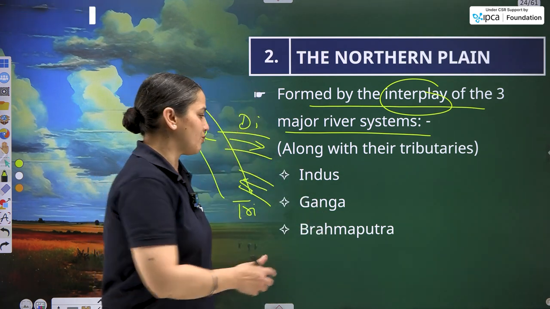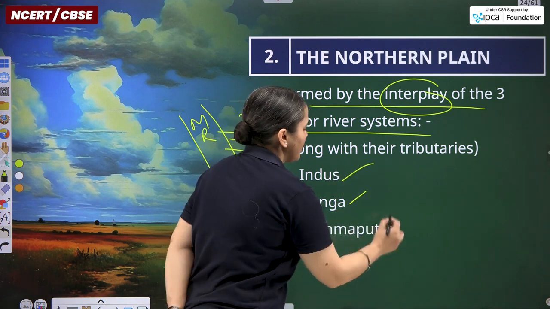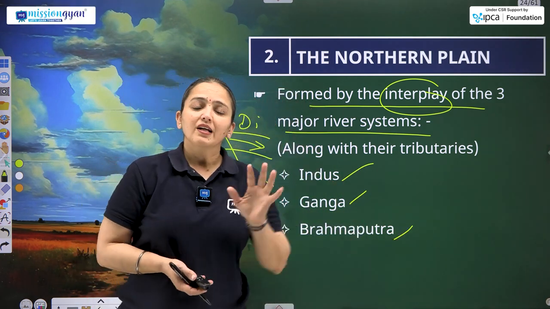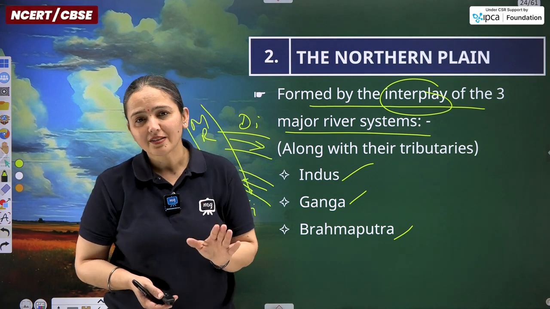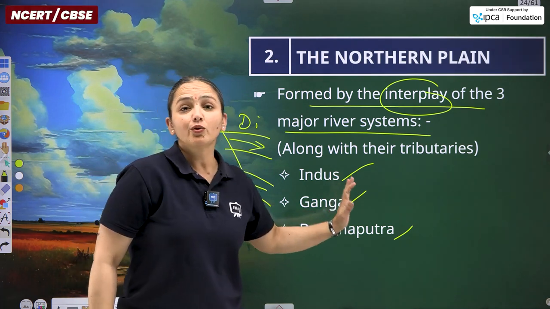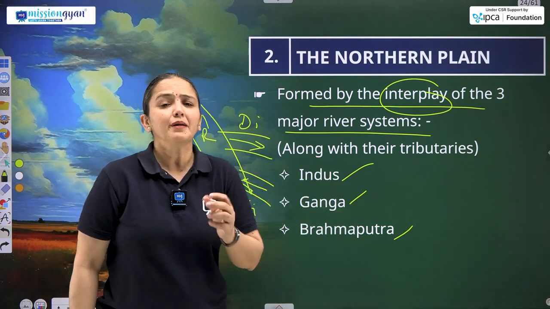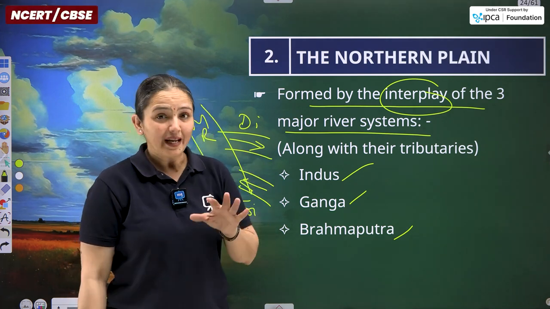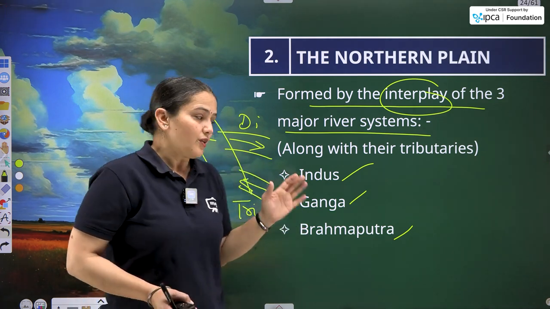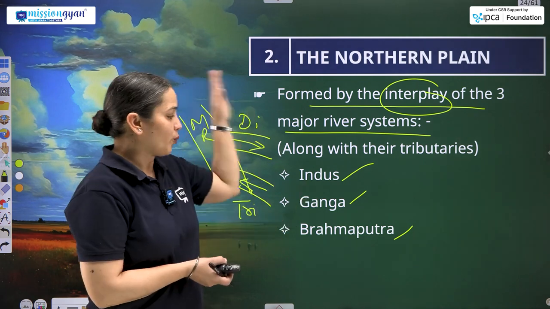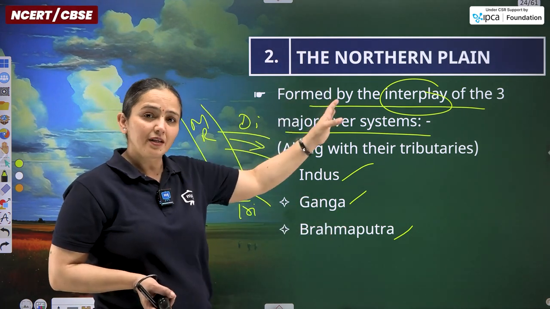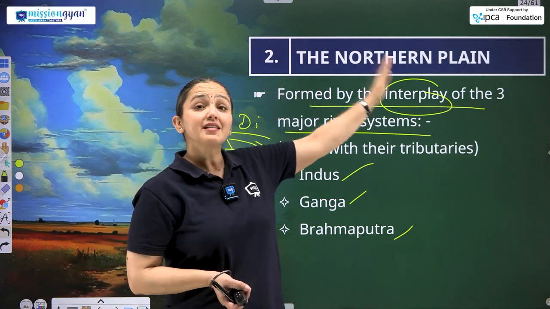Which are those three main rivers? Indus, Ganga and Brahmaputra. All three originate directly or indirectly from the Himalayas. The Indus and Ganga originate near Mansarovar Lake within the Himalayas, not in the Indian part of the Himalayas, from the western part, and the Brahmaputra originates near Mansarovar Lake too, but from the eastern part.